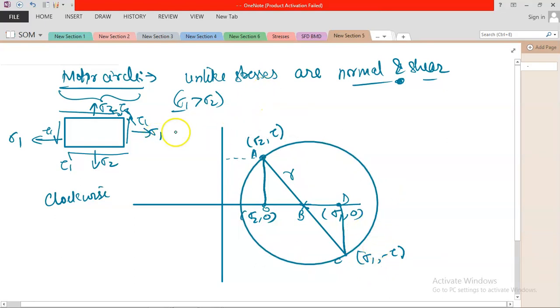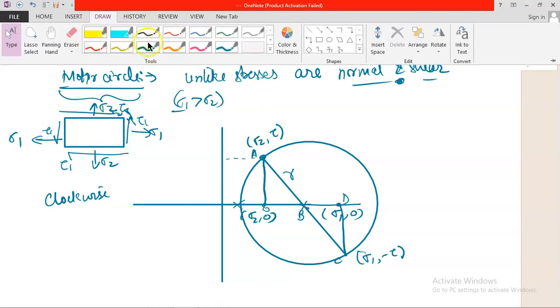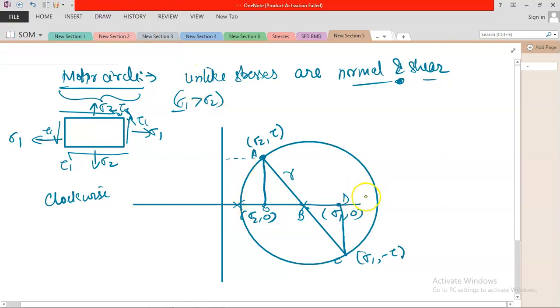Now the point cutting at this point, let me change the color of the pen. This point is called the minimum principal stress. If you extend this line, this point is called the maximum principal stress.